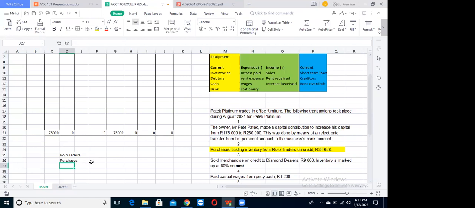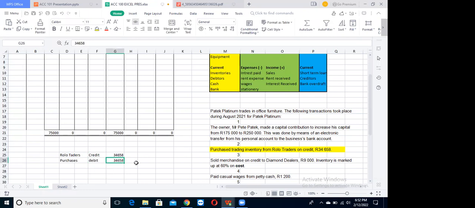We want to identify who is giving and who is receiving. Rollo Traders is obviously giving us goods. So we proceed to credit the giver and debit the receiver. So we credit Rollo Traders and then we debit the purchases account. With what amount? We credit with the amount of 34,658.